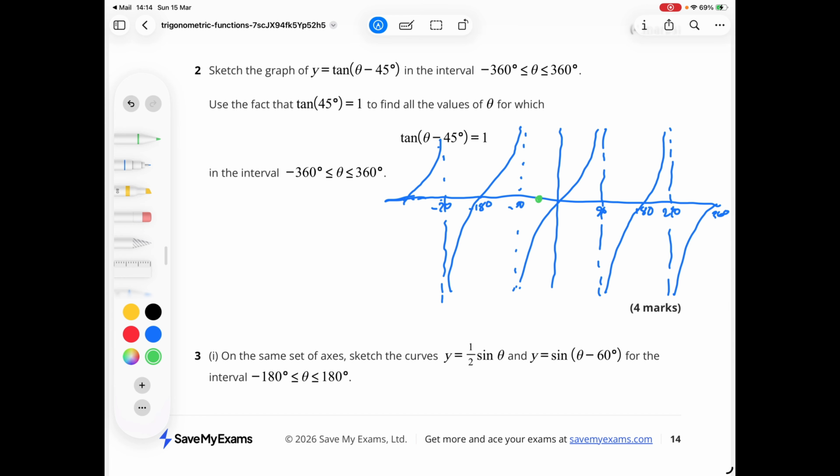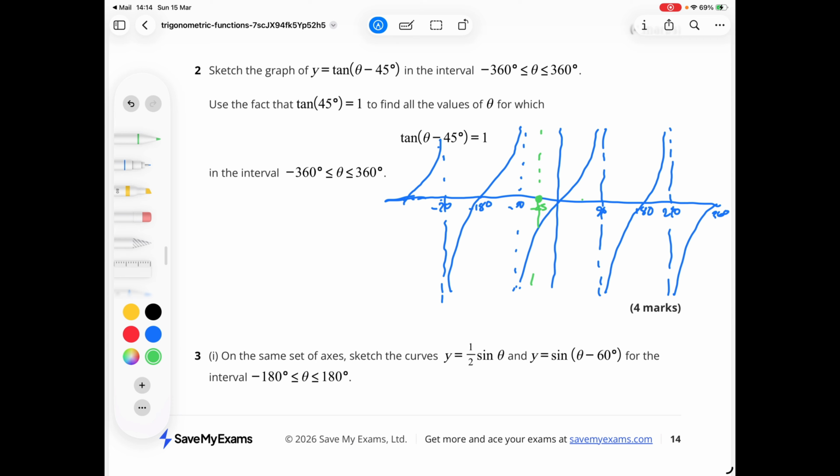So the middle point would be at minus 90, and it would go to minus 45. And that means our asymptotes are going to go up by 45. So that means our asymptote goes there.